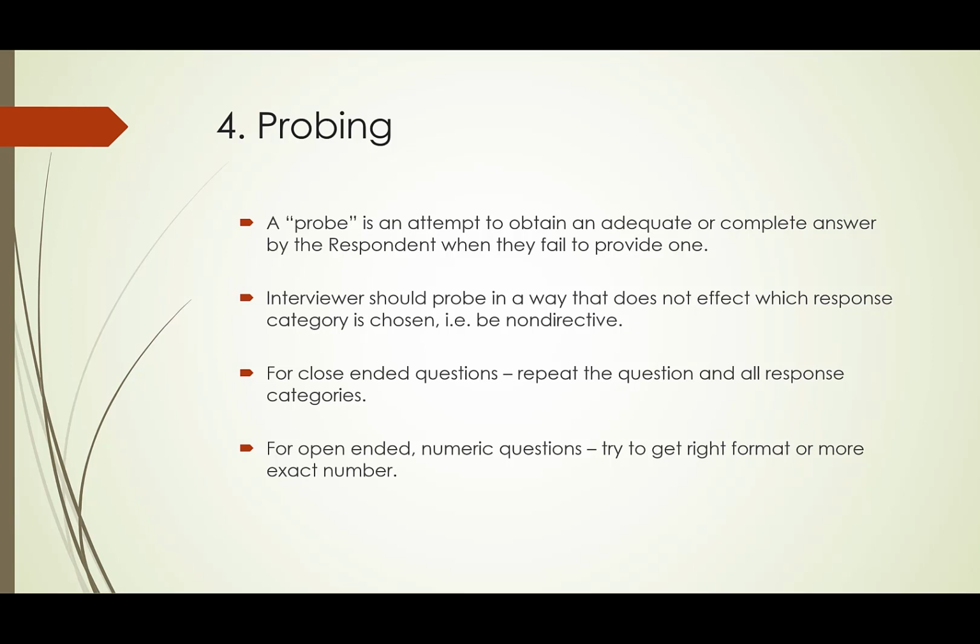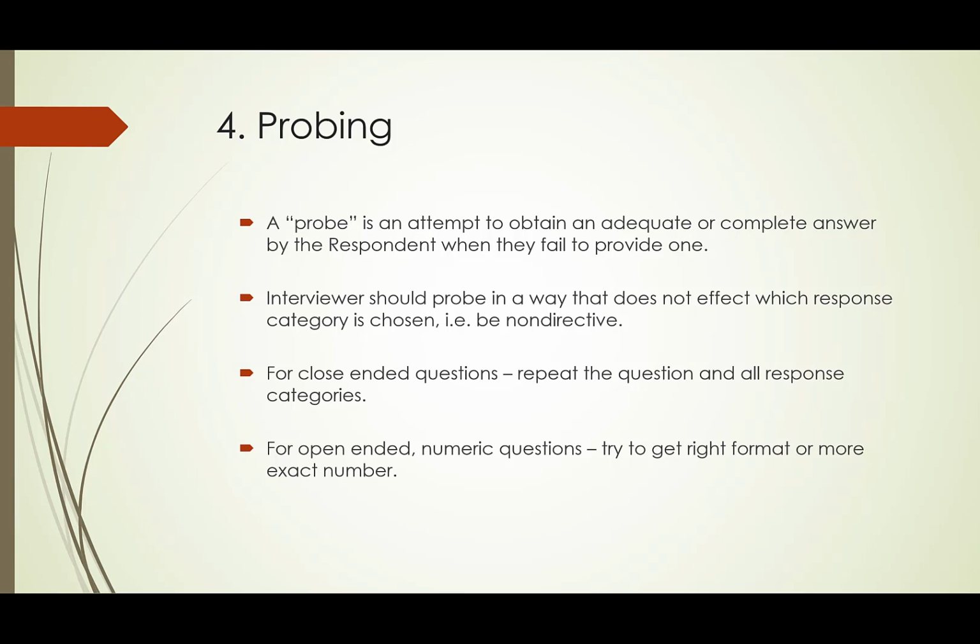The key principle is to discuss with the respondent using words that will not affect which response they give. That's what we mean by non-directive probing.